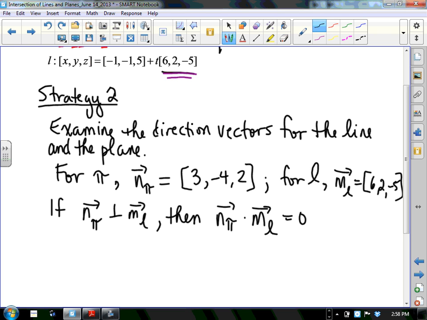And what was that going to imply? Well, that implies that the line would be parallel to the plane and would be either distinct or coincident with the plane.